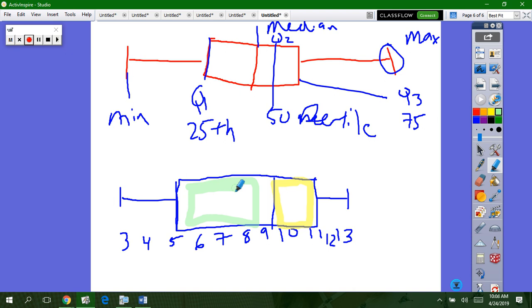Quartile 2 to quartile 3, that's 25% of the data. But do they look equidistant on our box and whisker? What does that tell us? There's more data between 9.5 and 11 than there is between 5 and 9. Meaning, there's actually not more data. The same amount of data happens between a smaller amount and that other amount. Does that make sense?